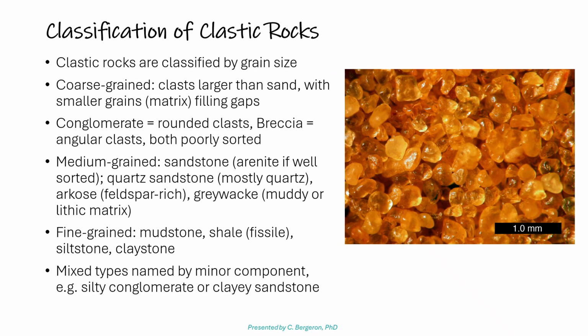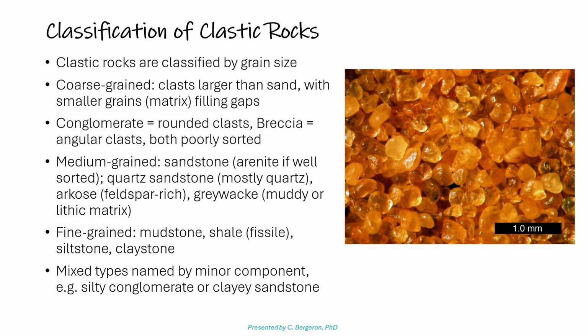So what are these clastic rocks called? If it is a coarse-grained rock, meaning that the clasts are larger than sand and it contains a matrix or a groundmass, like a background with smaller grains, we call that coarse-grained rocks. And then two main types of very coarse-grained rocks would be conglomerate and breccia.